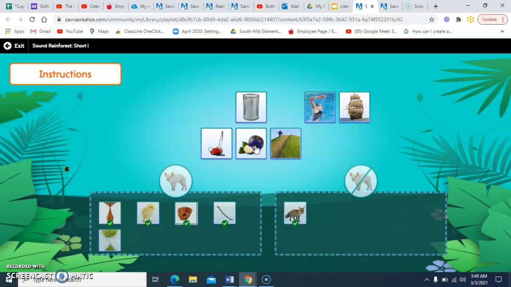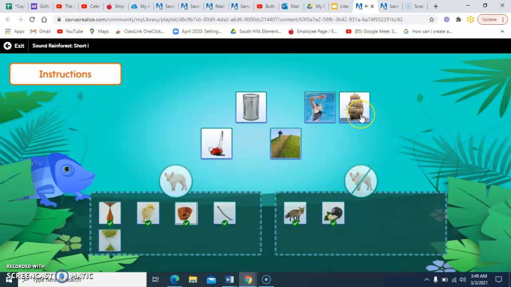Plum, plum. So it doesn't have the short I sound. Ship, does it have the short I sound?